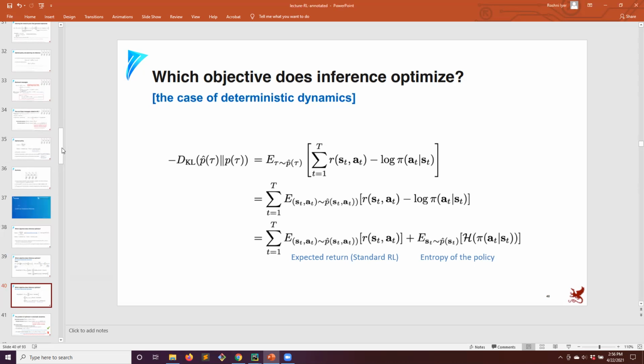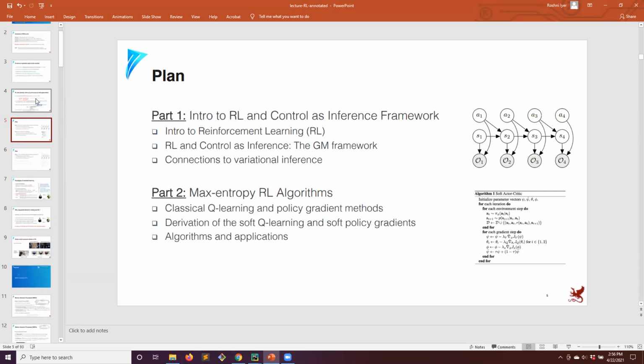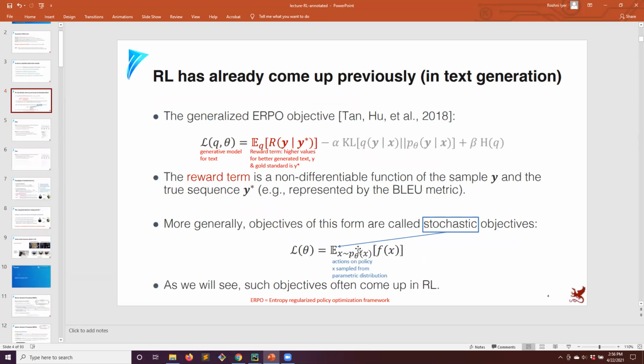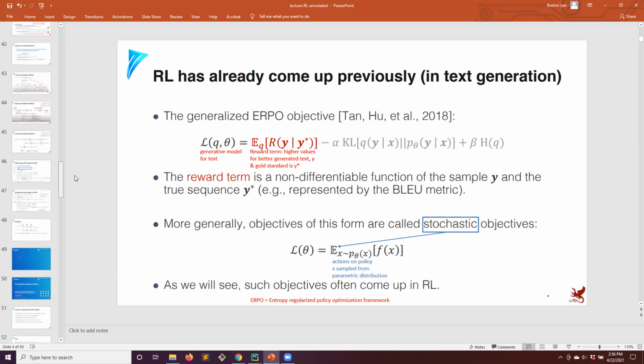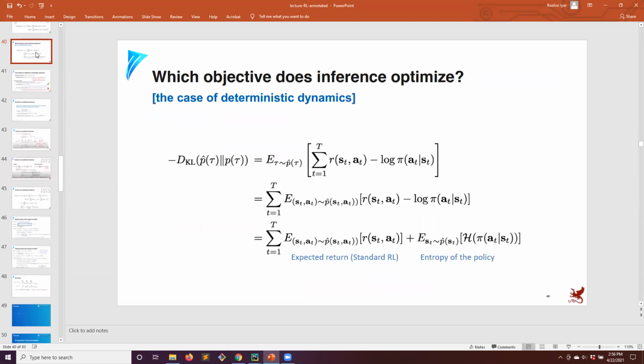If we look at one of the previous slides, it's in this form here, where this is the reward function. And then we have the entropy of the policy, which is telling us how much randomness there is in this model. In other words, how much it will additionally explore.